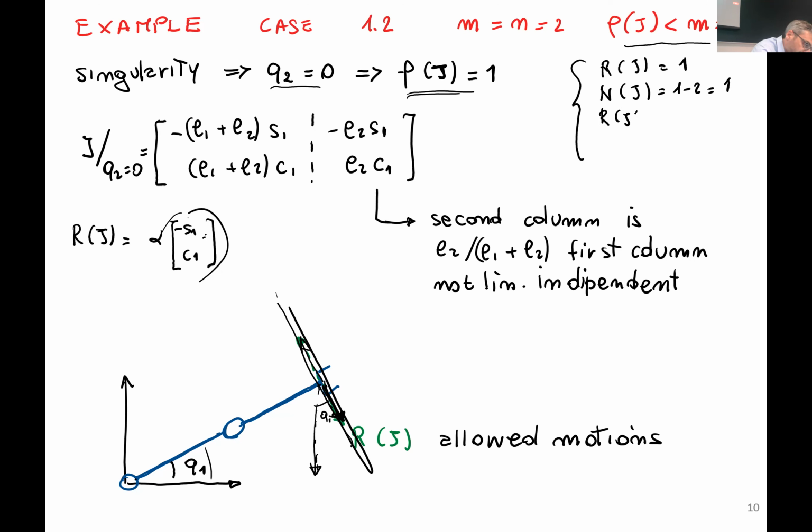Range space of J transpose is one dimensional because of the rank, and null space of J transpose is two minus 1 equal to 1.